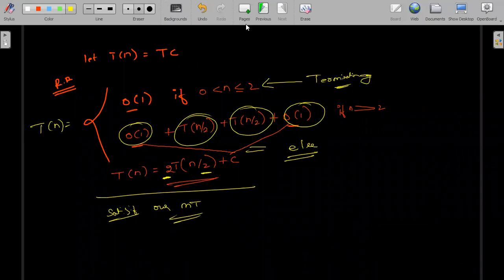Now see here, we will go to the substitution method. Everybody see here. You can use recursion, you can use the master theorem also for finding the time complexity. Otherwise you can use the substitution method also.